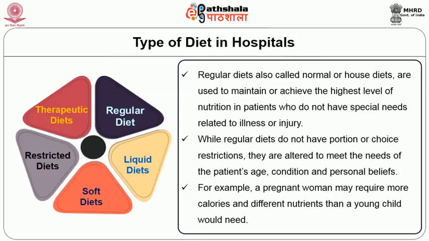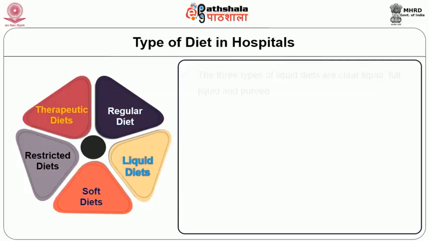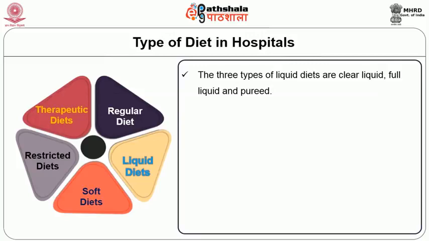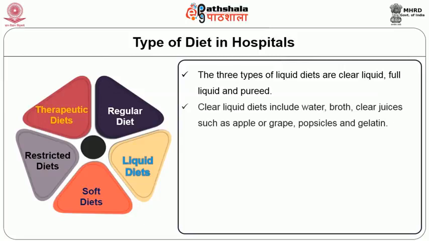The next category of diets is the liquid diets. Here we usually have three types of liquid diets, which are clear liquid diets, full liquid diets and puree diets. Clear liquid diets include clear water, broth, and strained clear juices such as apple and grape.